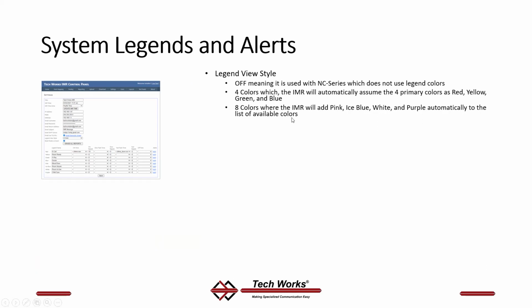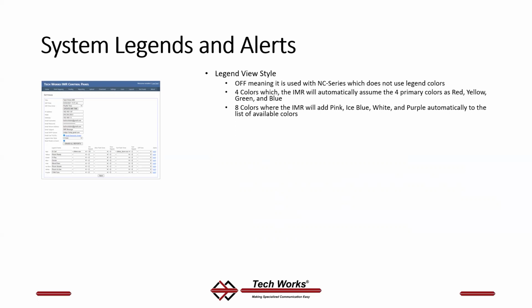If you tell it 8 colors, it will make some assumptions about how you're going to address those. Typically, master address 1 through 4, master address 2, 1 through 4. What I mean by that is think in terms of a bright colored master above a pastel colored master on the wall at the nurse's station.